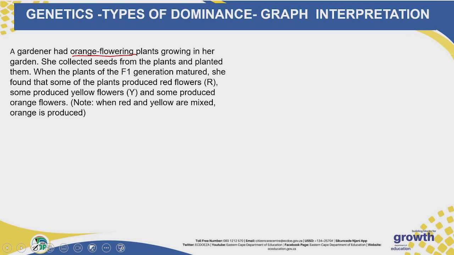When the plants of the F1 generation matured, she found that some of the plants produced red flowers and some produced yellow flowers. What did we start with? We started with orange. But when they produced the F1 generation, some had red flowers, some had yellow flowers, and some produced orange flowers.